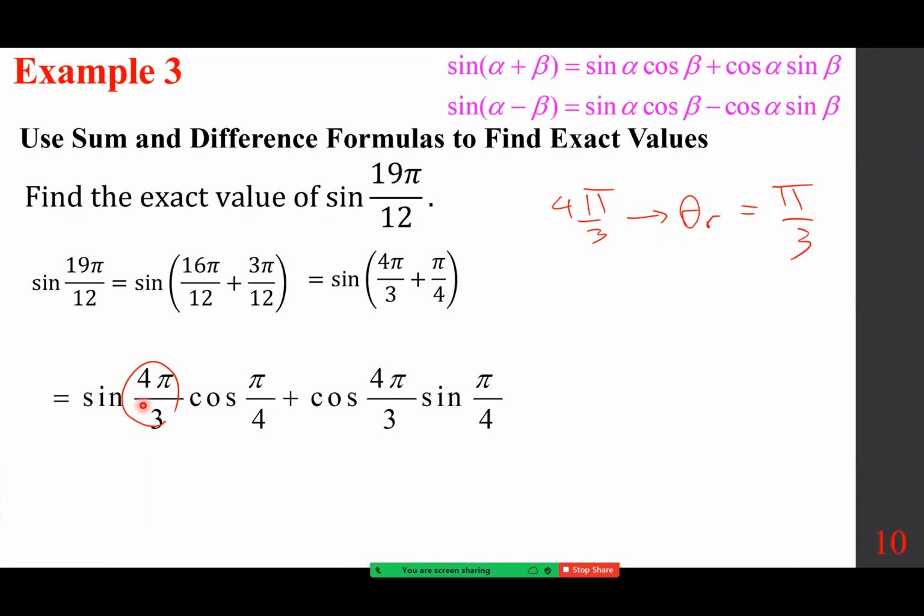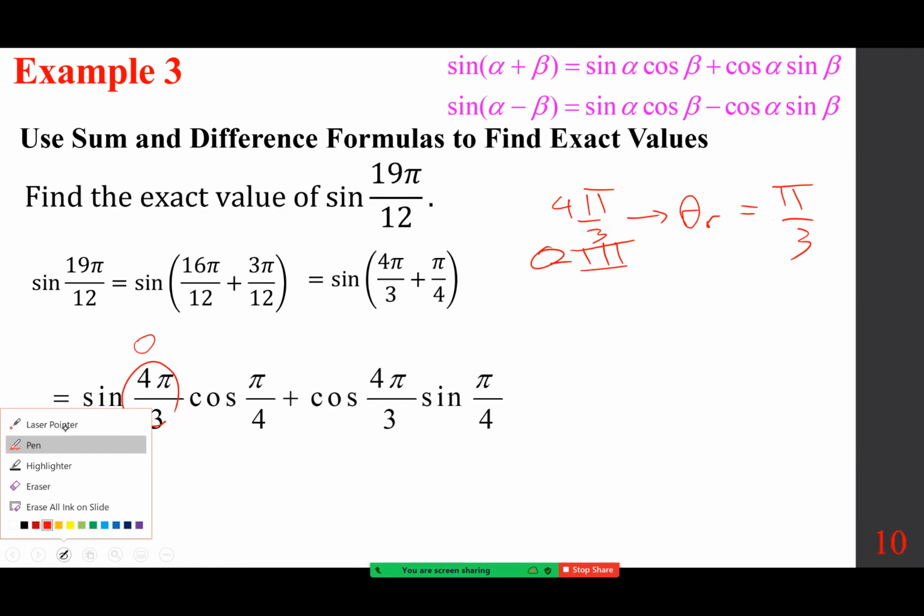This is in the third quadrant. Let me just write it here, quadrant 3, right? Because it's larger than 3 pi over 3, which is pi. In quadrant 3, sine and cosine are both negative.